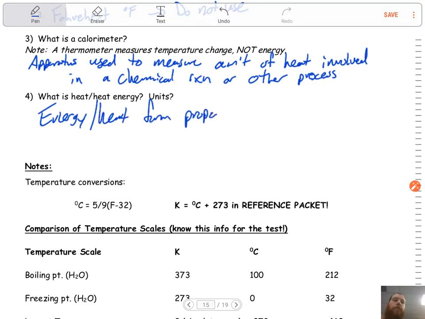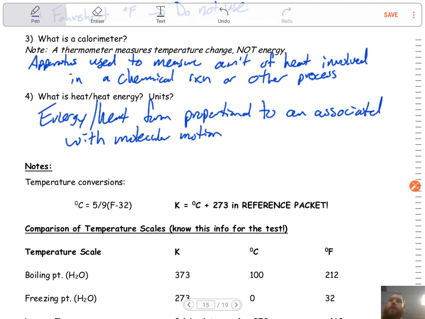Shouldn't be anything brand new to us. The unit that we will use in science is a joule.